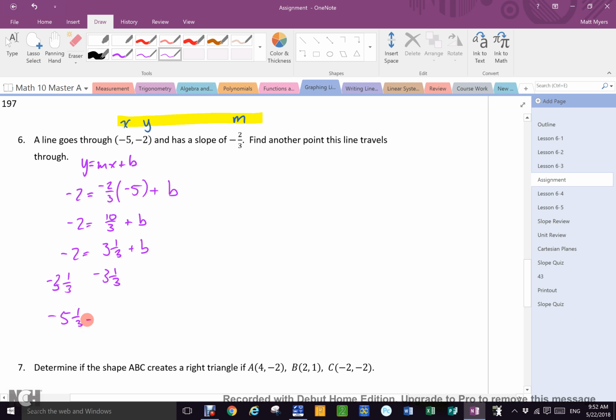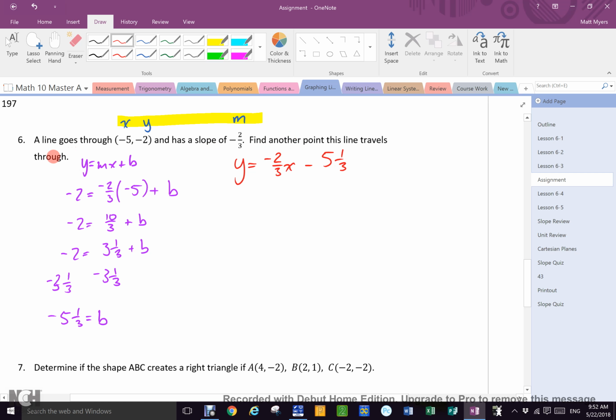Negative 5 1/3 equals b, correct? So now, if that equals b, what can I write right there? Negative 5 1/3. So I have y equals negative 2 thirds x minus 5 1/3, correct?